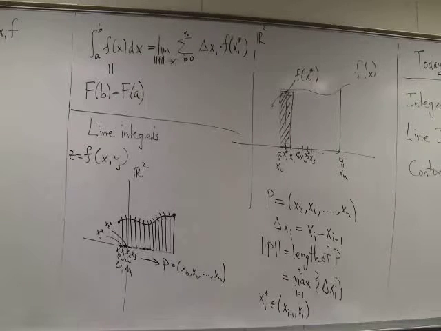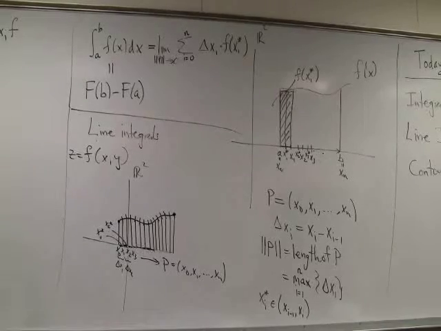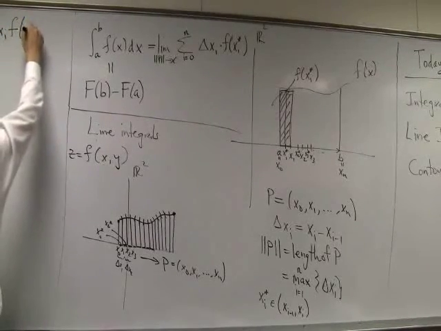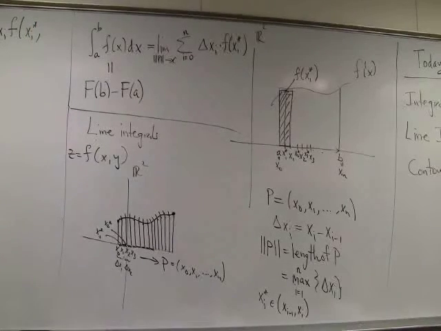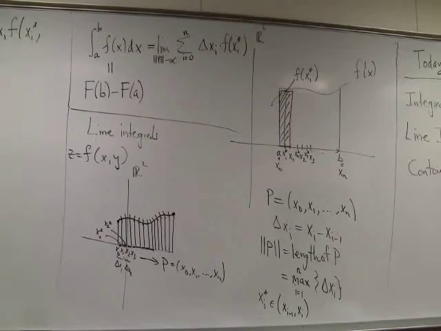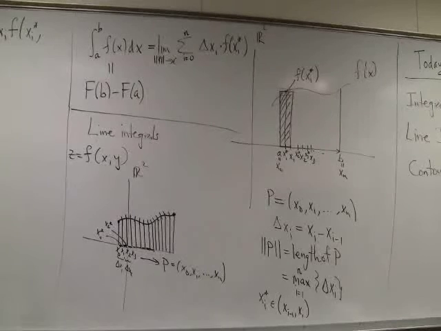I'm not sure what to write. Why am I not sure what to write? I have two variables. I'd like to start writing the xi star, comma, and now I'm not sure what to write.